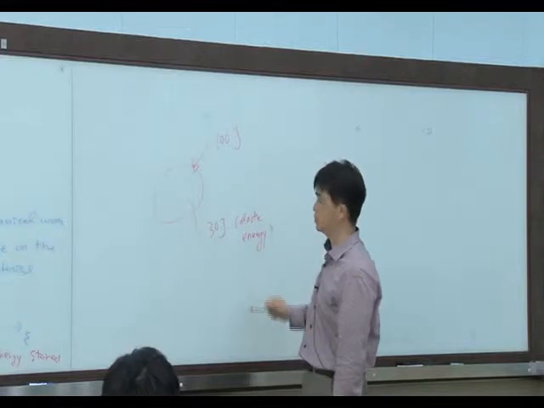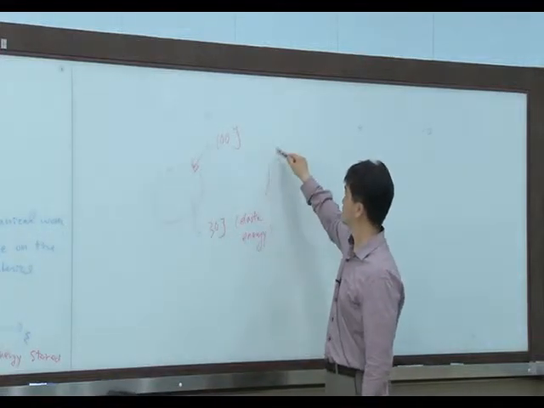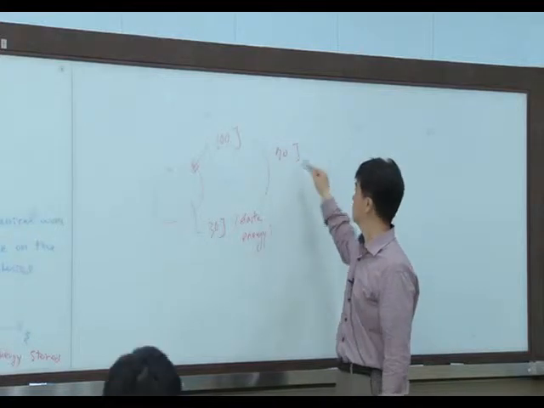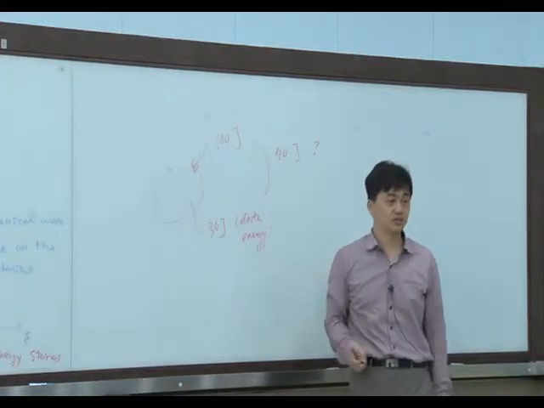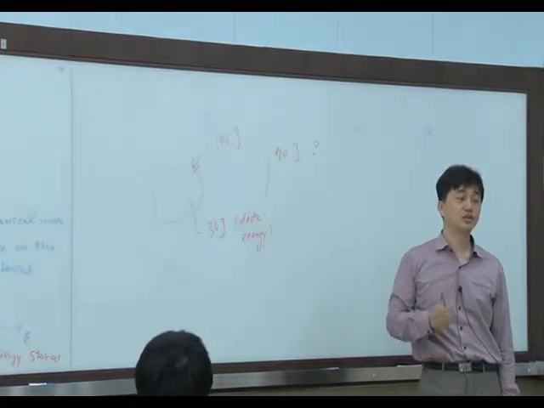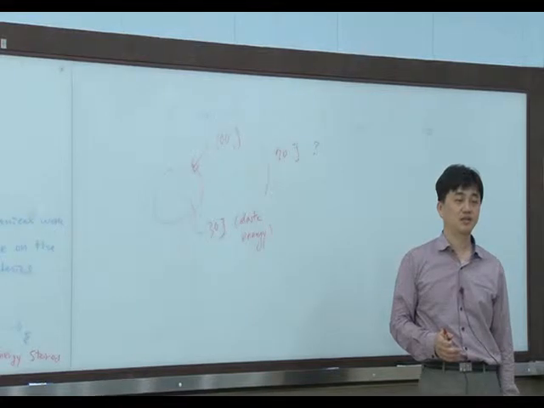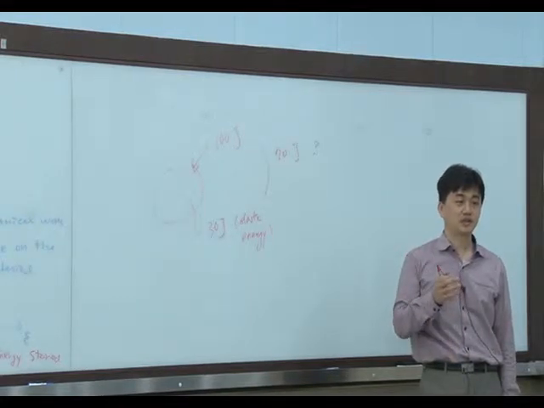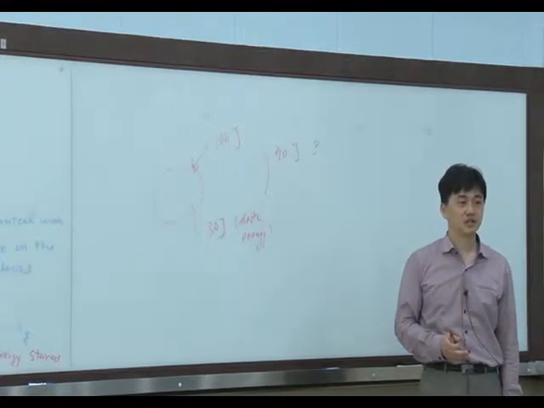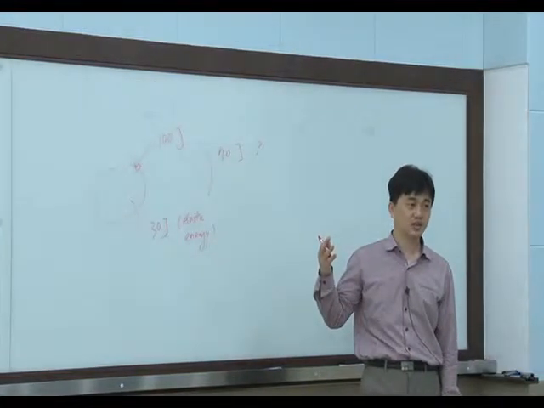Only 30 joule is stored. Then the difference, 70 joule, where is it? It is used for plastic deformation. Actually, it is changed to heat and disappears.